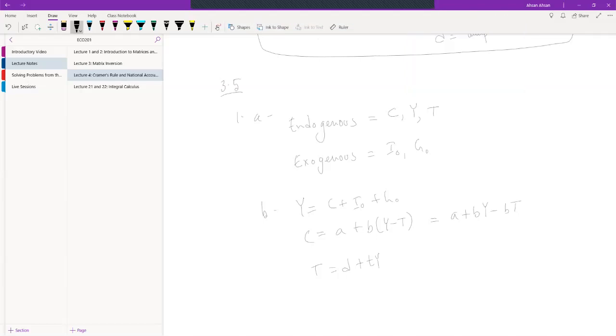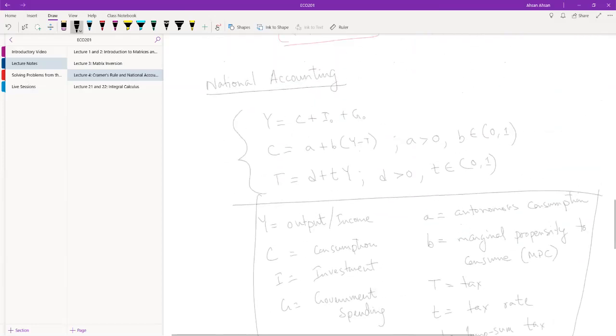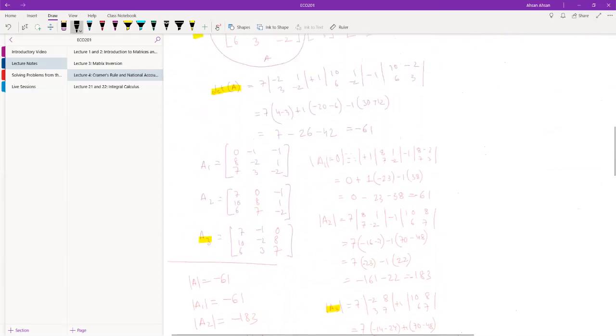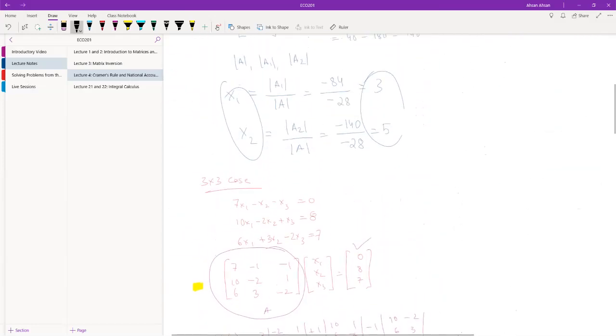So what we want to do here is take all the endogenous variables on one side and exogenous variables on the other side. So for example, let me just scroll up. Here, all the endogenous variables are x1, x2, and x3.